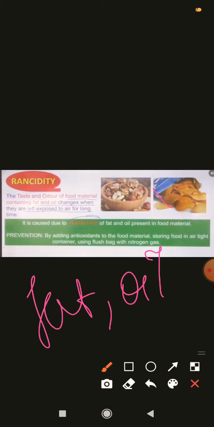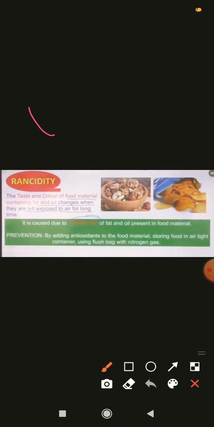For example, a chips packet or dry fruits kept for a long time in contact with air get a damaged odor and taste. Chips contain fat and oil, and dry fruits such as groundnut, kaju, badam also contain oil. So when we keep them for a long time exposed, the taste and odor get damaged. Are you getting it? This is known as rancidity.